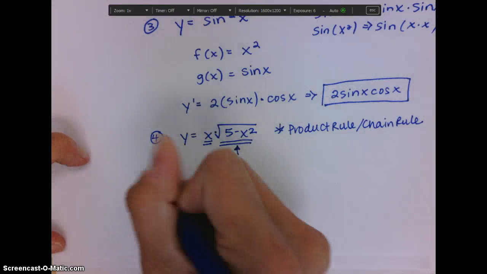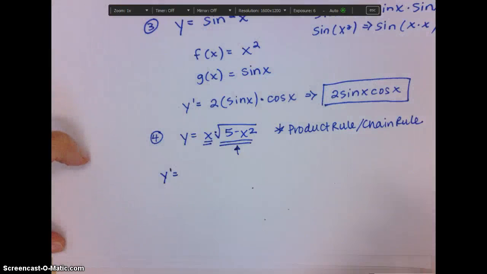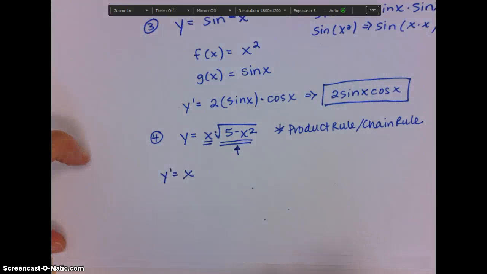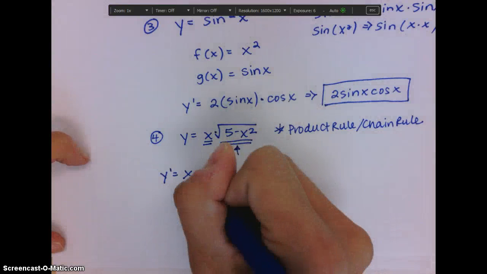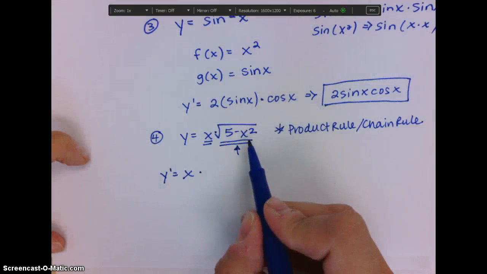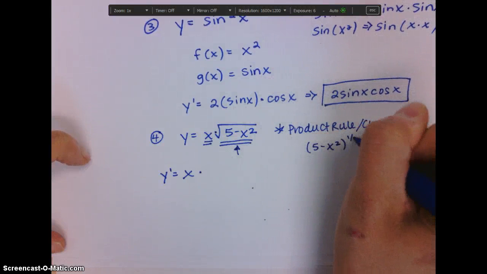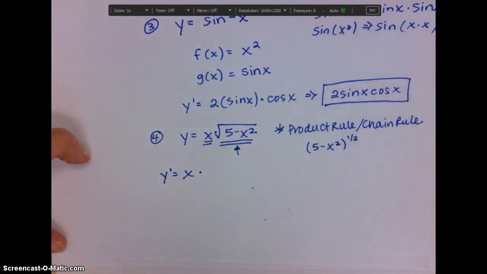So try to follow me here. Alright, product rule says, take the first function, x, multiply by the derivative of the second function. Here's where it gets tricky. I want the derivative of this function. It might be nice to think about this function as 5 minus x squared to the 1/2 as opposed to a square root.